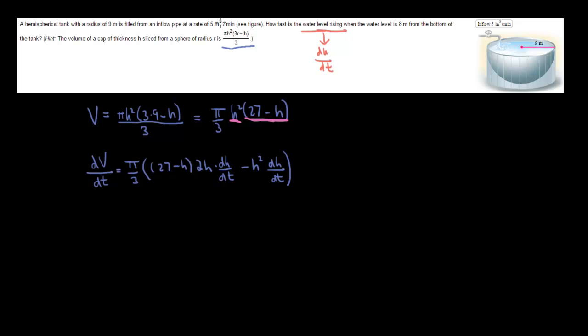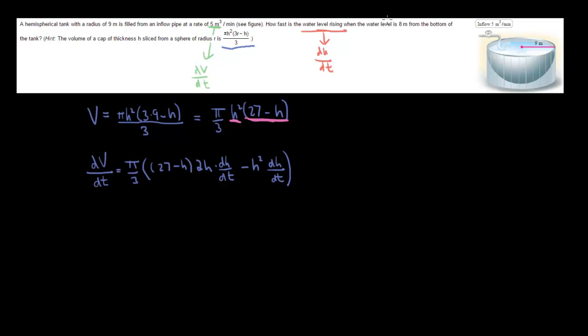Now, we've already taken the 9 meters radius into account, and we want to look at the other information we have here. This 5 meters cubed means how fast the water is coming in, the inflow. That 5 meters cubed is how fast the volume is changing. So the derivative of volume with respect to time is 5 meters cubed.